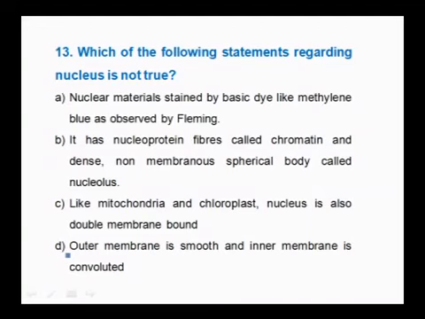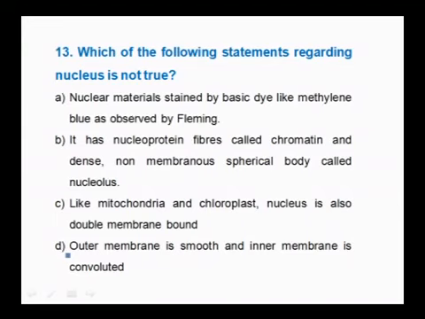Option C is right because all these 3 organelles including nucleus are double membrane bound. And moving on to the 4th option, outer membrane is smooth and inner membrane is convoluted. Convoluted means folded, but it is only the property of mitochondria. So the statement which is not right is option D.